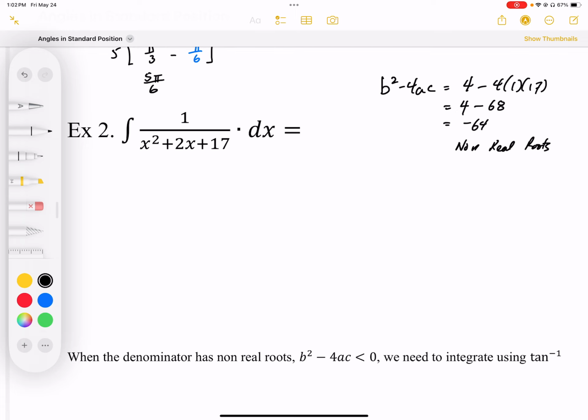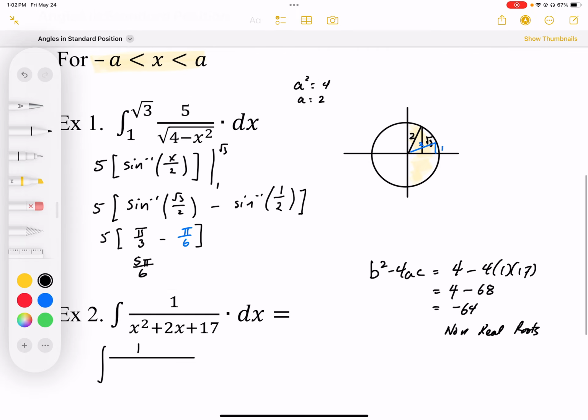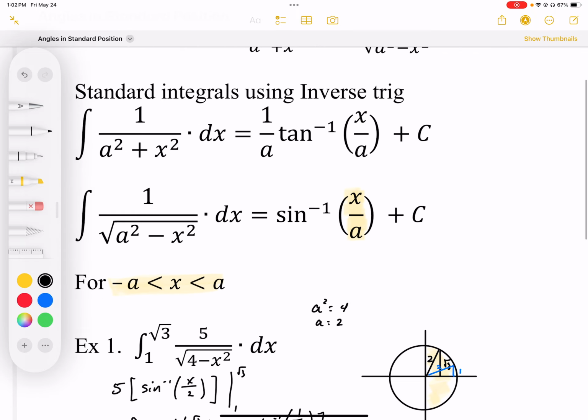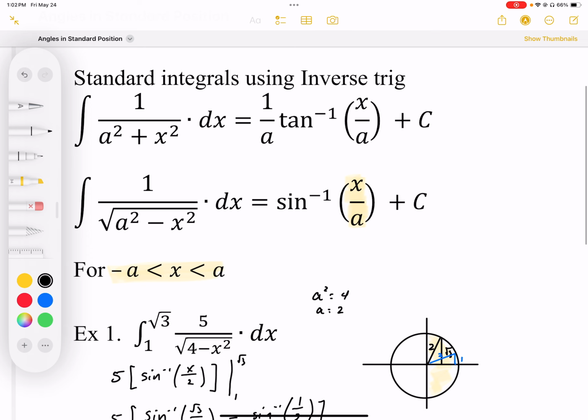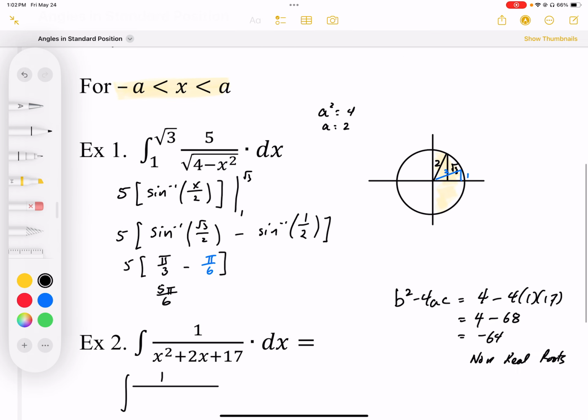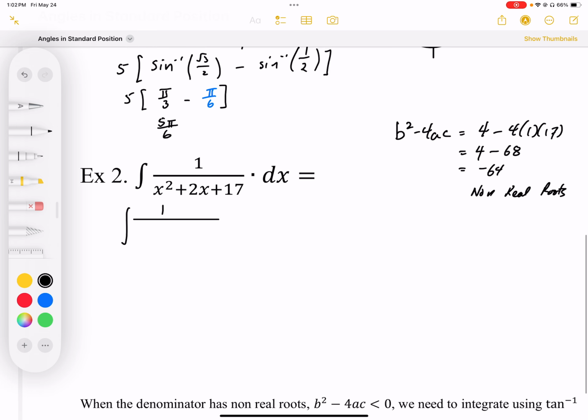So if we have a quadratic in the denominator with non-real roots, we're going to be able to put this into the arctan form, and it looks like this. If it has non-real roots, what we want to do is put it into an a squared plus x squared form. Well, that x squared can also have a horizontal shift in it. And we're going to do it so that we end up with a perfect square factor.